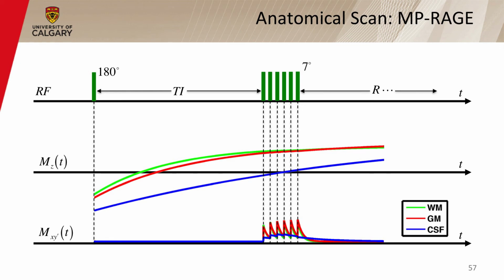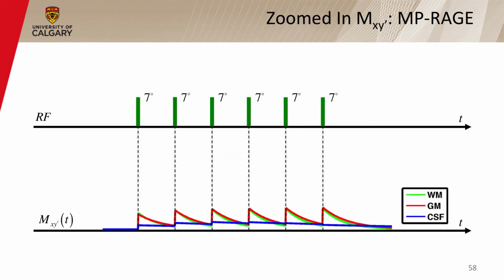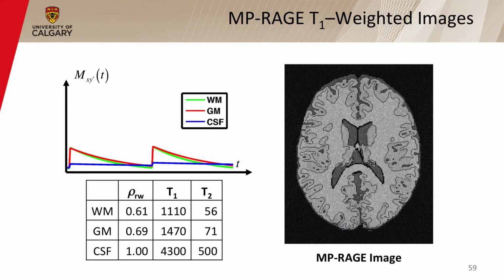So if I just zoom in on the center part, there's very little CSF signal compared to the gray matter and white matter. And so this is just an example of an MP-RAGE T1 weighted image. So MP-RAGE is just T1 weighting with an inversion, okay?